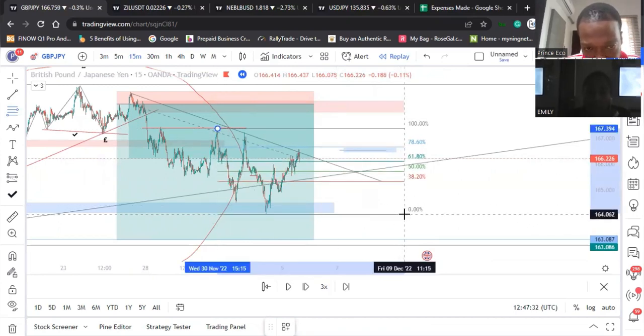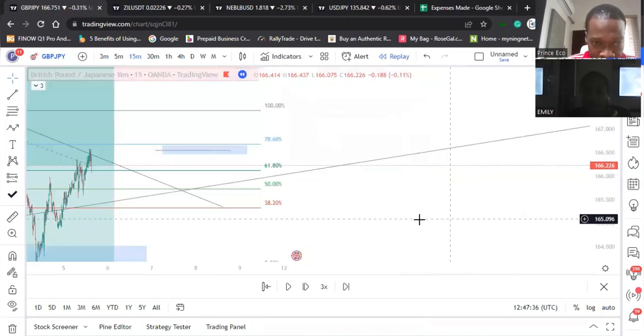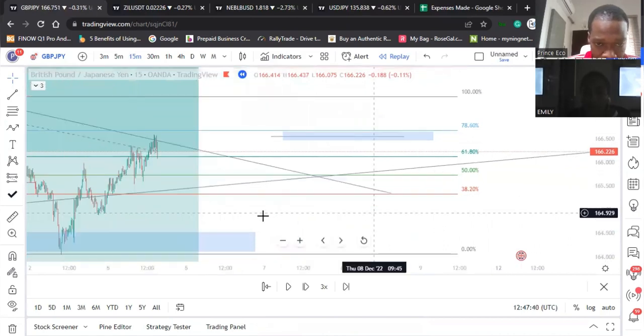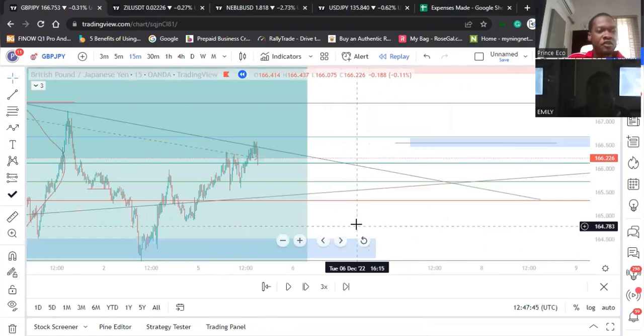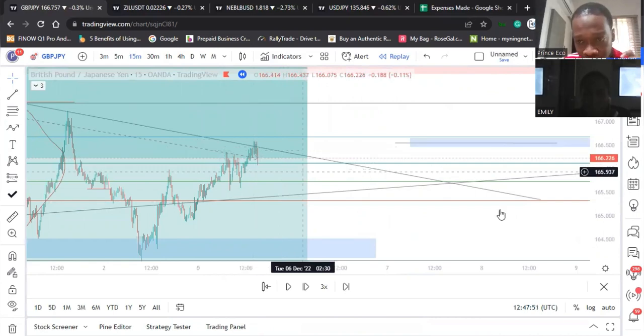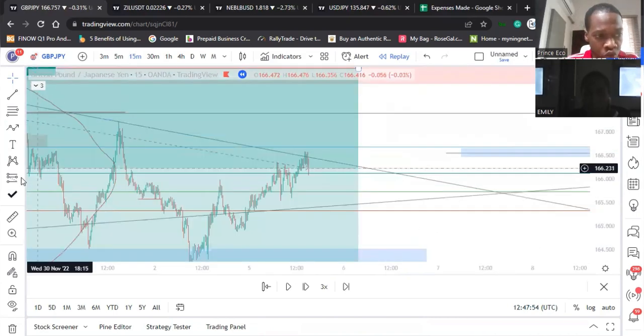Now, what did you see here? For me, I want to add another entry from this point, but then I would need some extra confluence to take the trade. But if I want to just take the trade because I have running trades already, trend line number one as confluence one, 61.8 as confluence two.